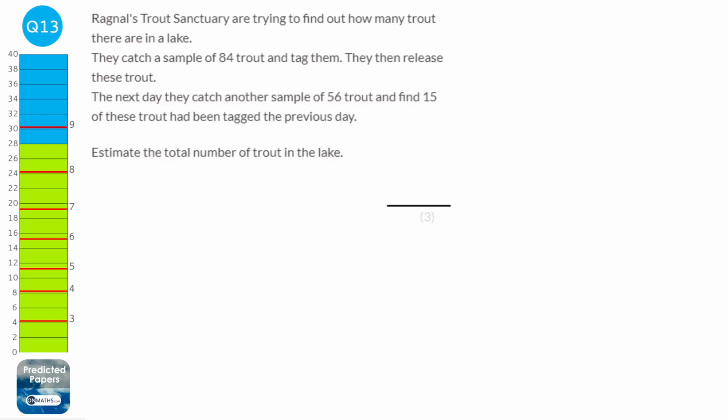Capture-Recapture is a way of estimating total population sizes, and it uses a really nice formula, which is capital N equals little n times little m over big M. Now, n and m, the little ones, are sample sizes.